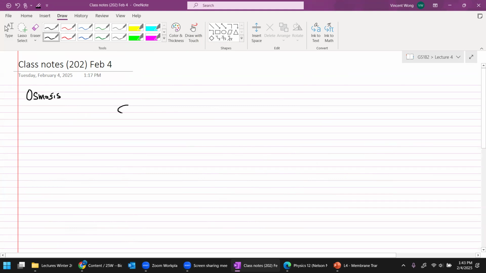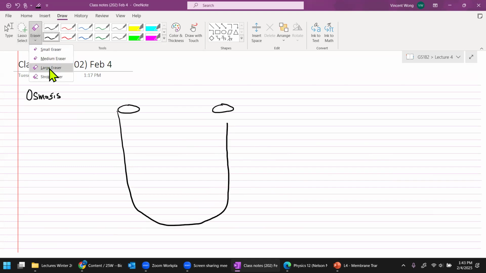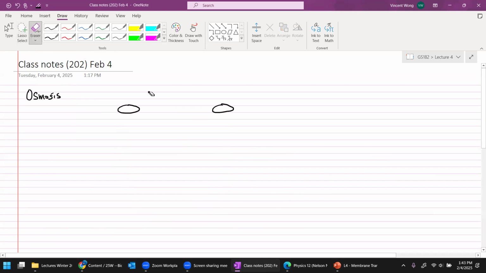So we're going to draw a special type of tube. I mean, it doesn't have to be a tube, but most pictures involve some kind of tube. So I'm going to do the tube. Okay, and it's a U-shaped tube.